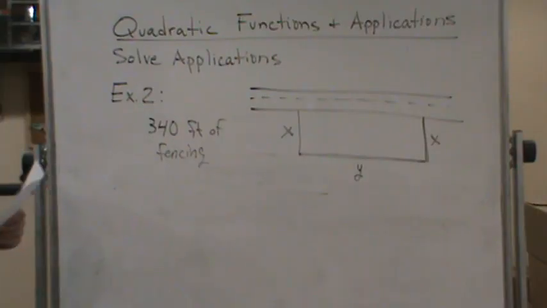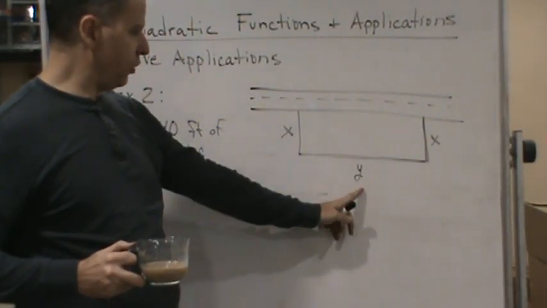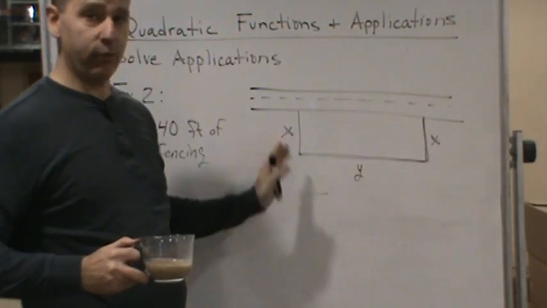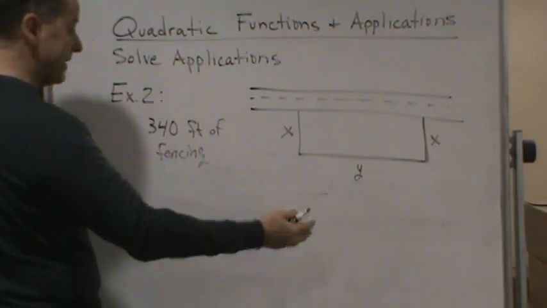All right, so how do we do this? We've got to use area. So let's first find our function for area that involves the dimensions given. We know that this dimension is x, this dimension is y, and we have a rectangular parking lot. Now, what is area?